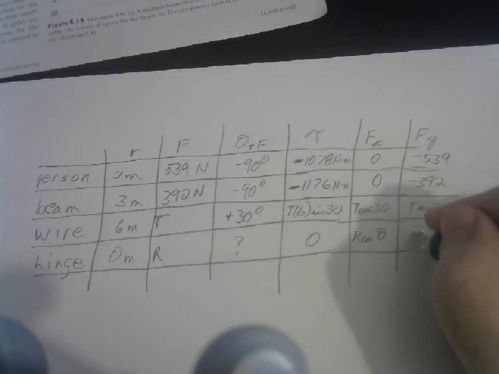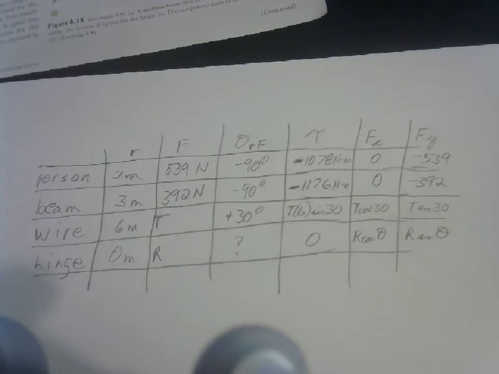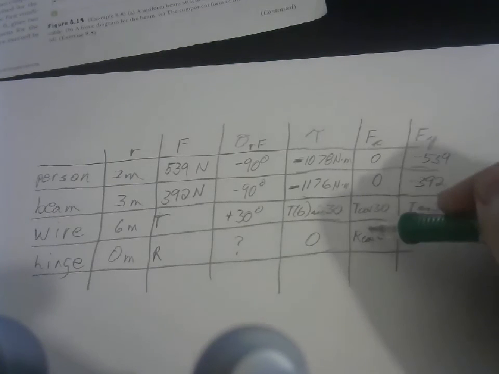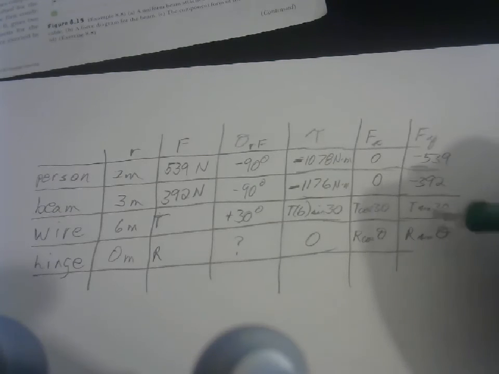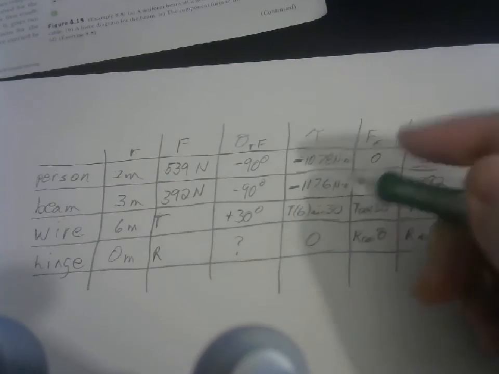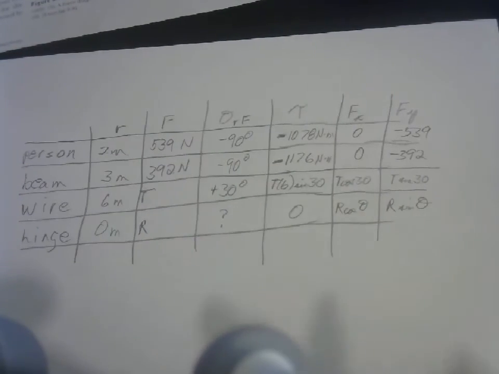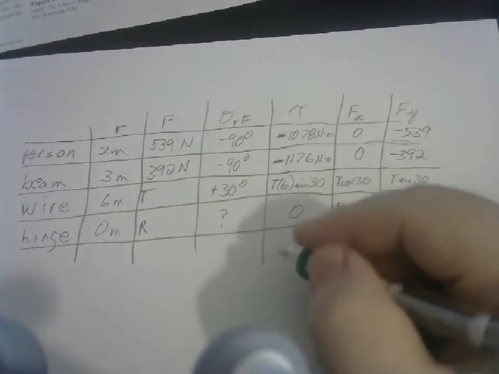That's the only unknown angle, so we'll just call it theta, r sine theta. So you can see these two columns have 2 or 3 unknowns in them, t, r, theta. This column only has 1, so it's probably best to solve this column first.